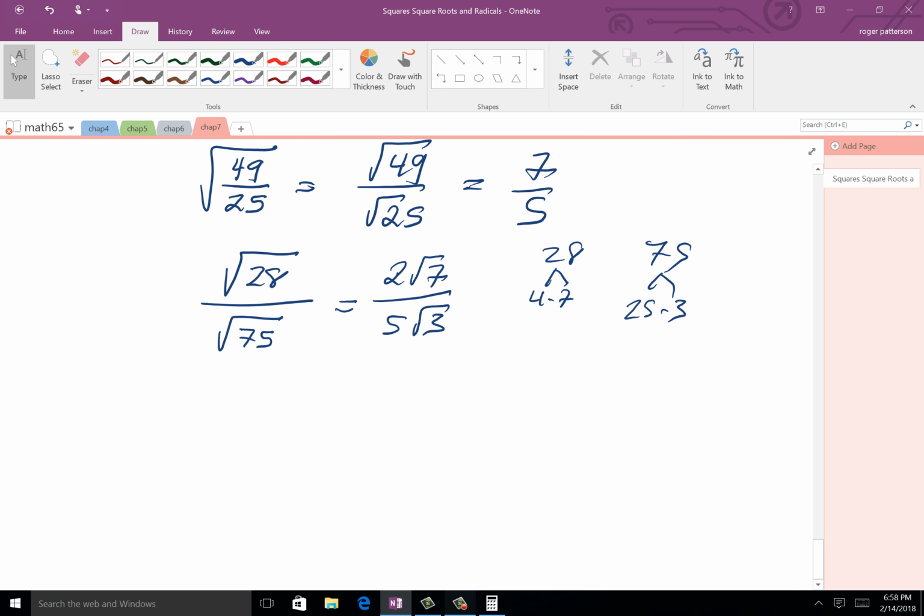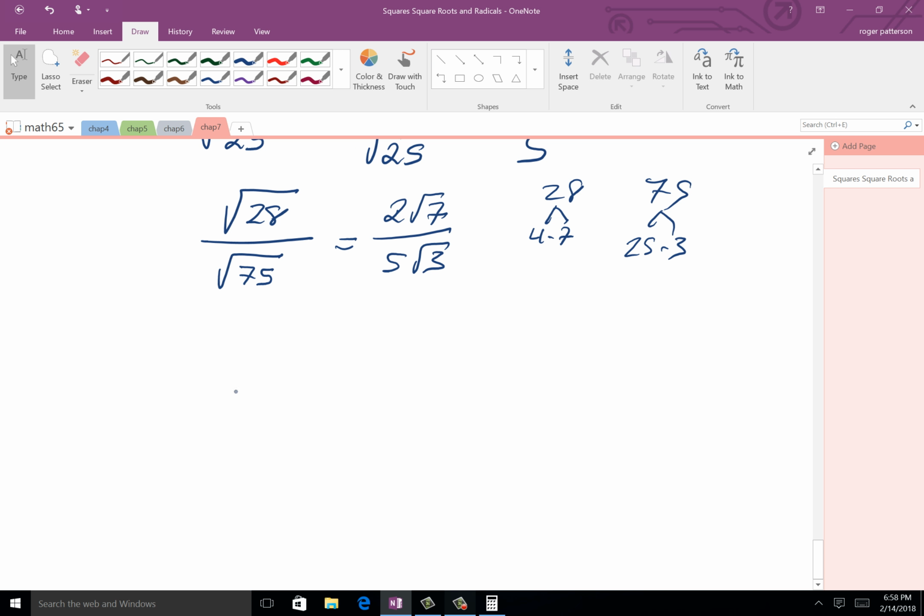Let's see. You could have some like this. Square root of 48 over the square root of 6.